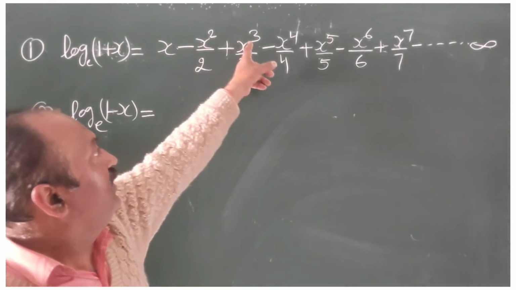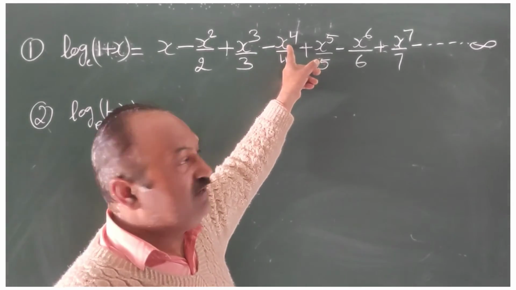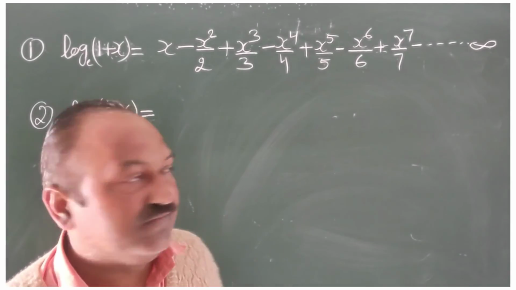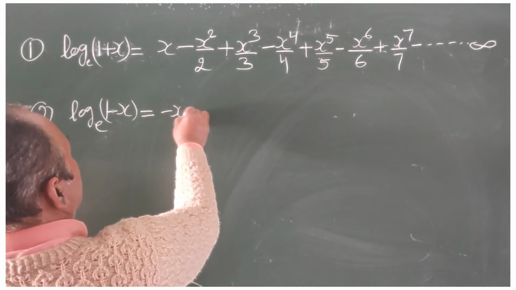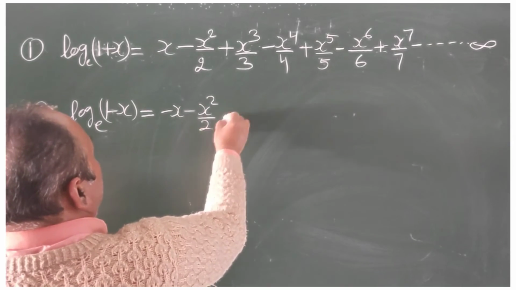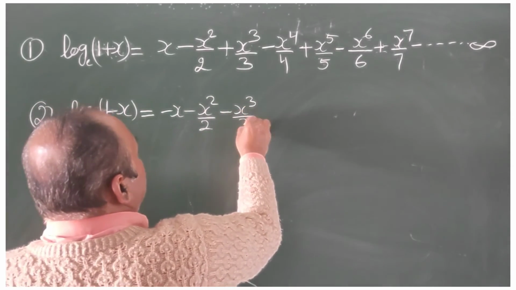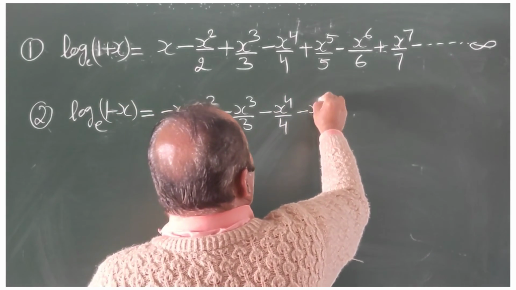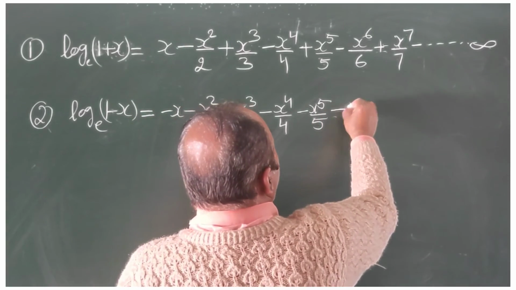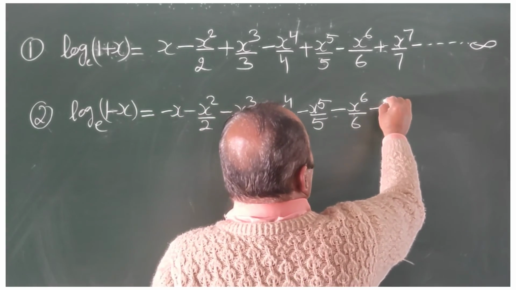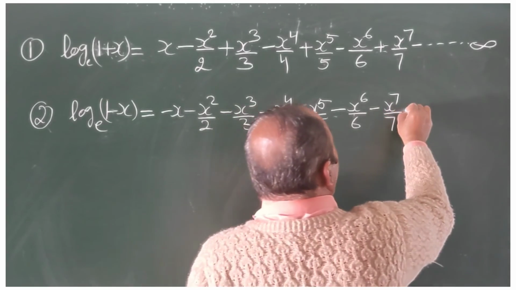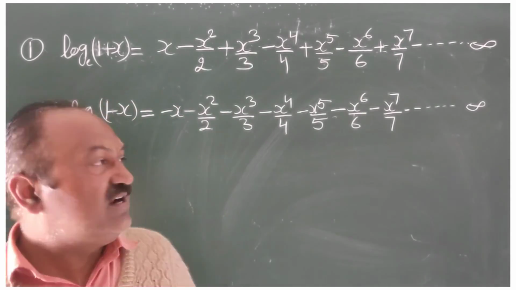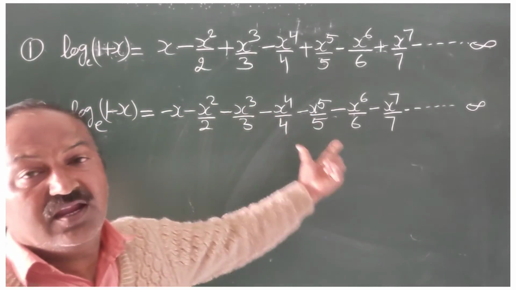The odd powers remain the same in form, and every term becomes negative, and its value is minus x minus x square upon 2 minus x cube upon 3 minus x raised to power 4 upon 4 minus x raised to power 5 upon 5 minus x raised to power 6 upon 6 minus x raised to power 7 upon 7 minus and so on up to infinity. This is the second formula of the infinite series.